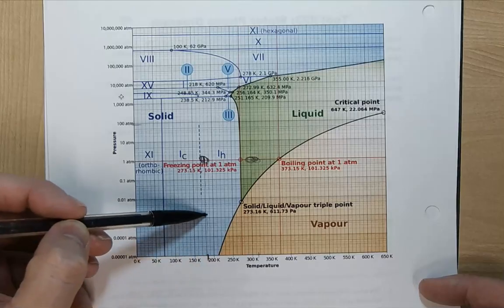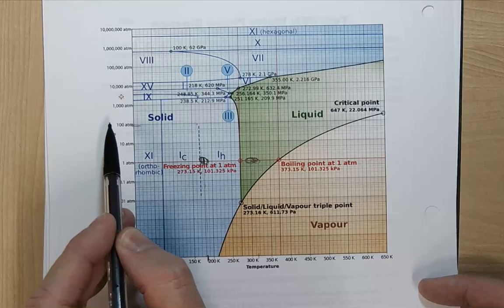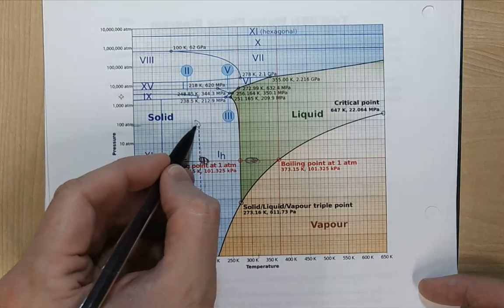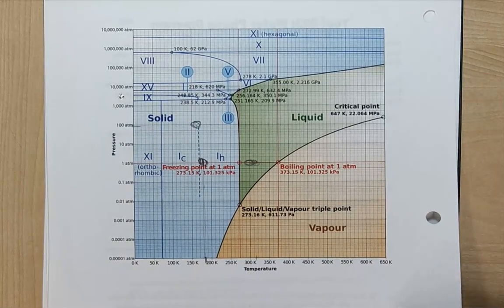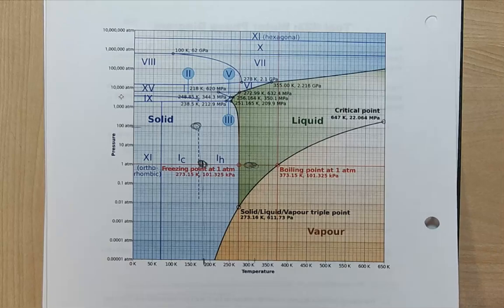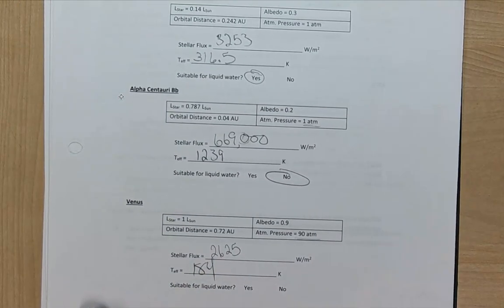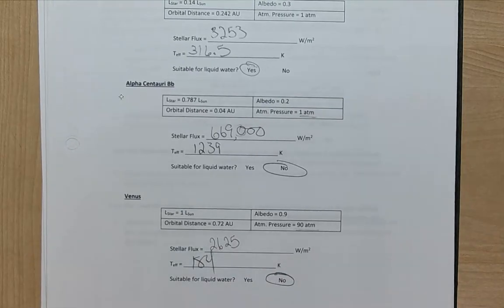So 184 Kelvin, 90 atmospheres of pressure, Venus would be right about there. The water will be frozen, which is weird, because we don't see ice on Venus. Is it suitable for liquid water? No, the water should be frozen. We've got a problem.